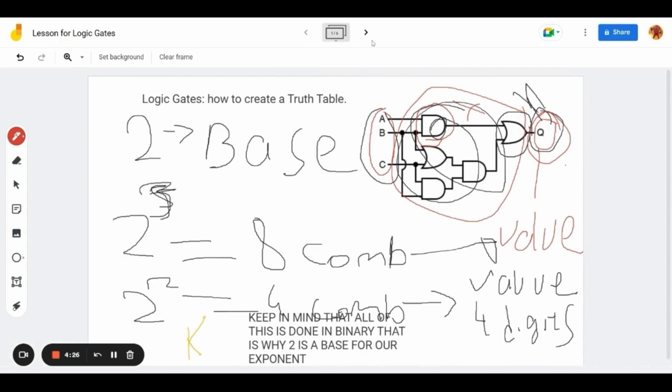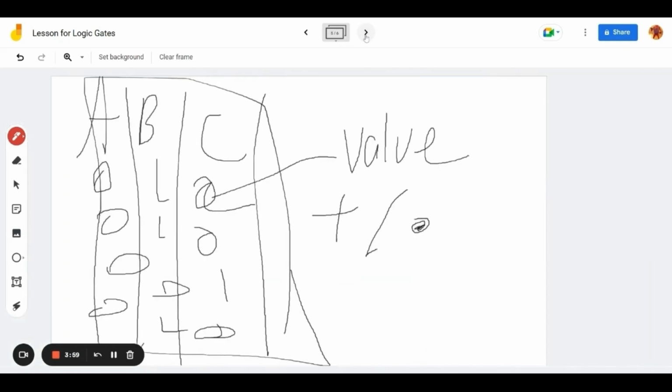In order to even use a truth table to solve a schematic like this, you would need to know what each logic gate does. For instance, if you don't know what this here represents, you won't know what function to do. You won't know whether you have to add, invert, or multiply. If you don't know what logic gate there is, you would not be able to do it.